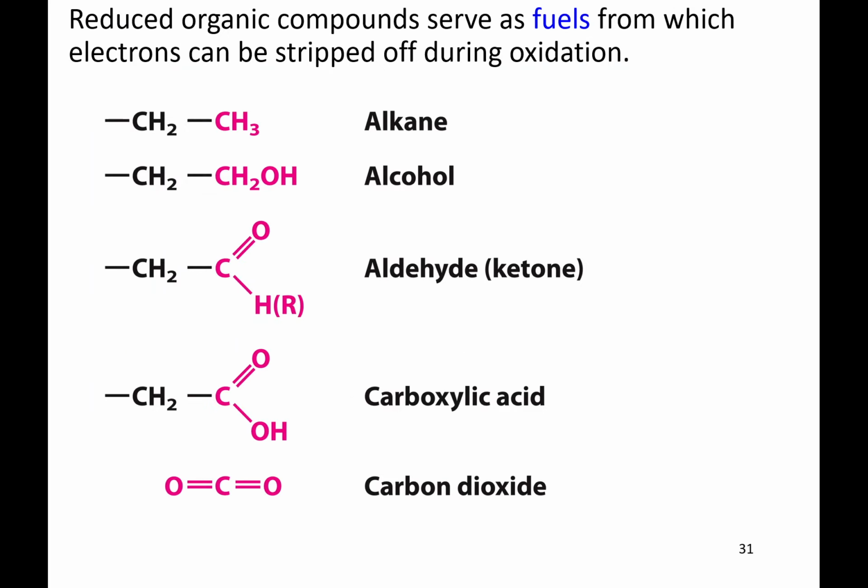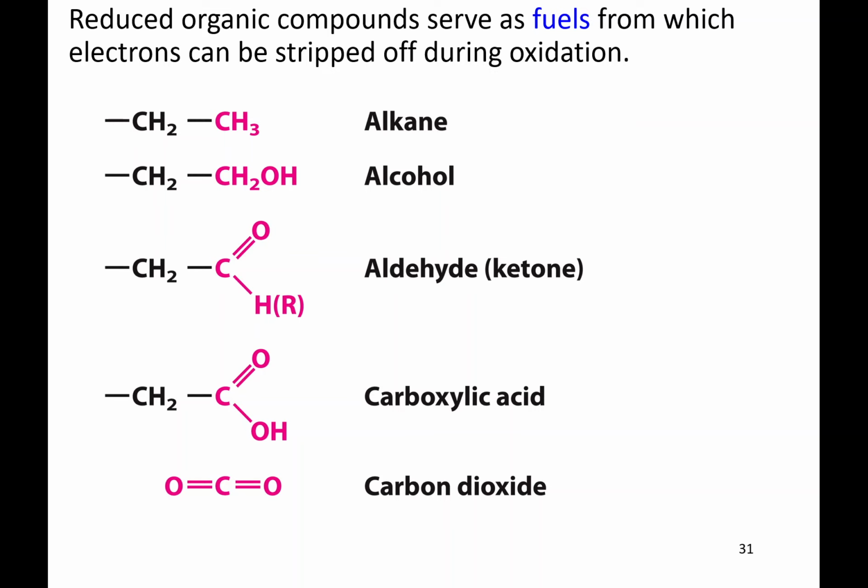Organic compounds serve as fuels in biochemistry, and what's actually being taken out of these fuel molecules are electrons. Ultimately those electrons are going to be transferred to the main electron transport chain, and that's how a proton gradient is generated, and that proton gradient is then used to produce ATP.